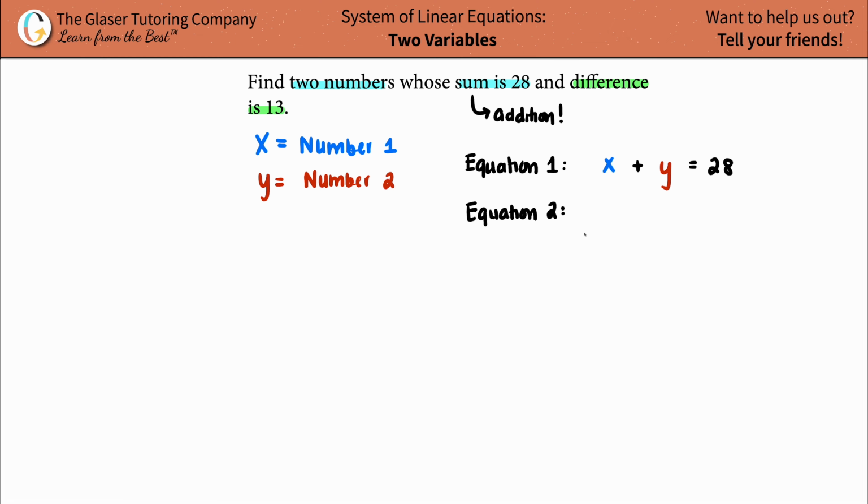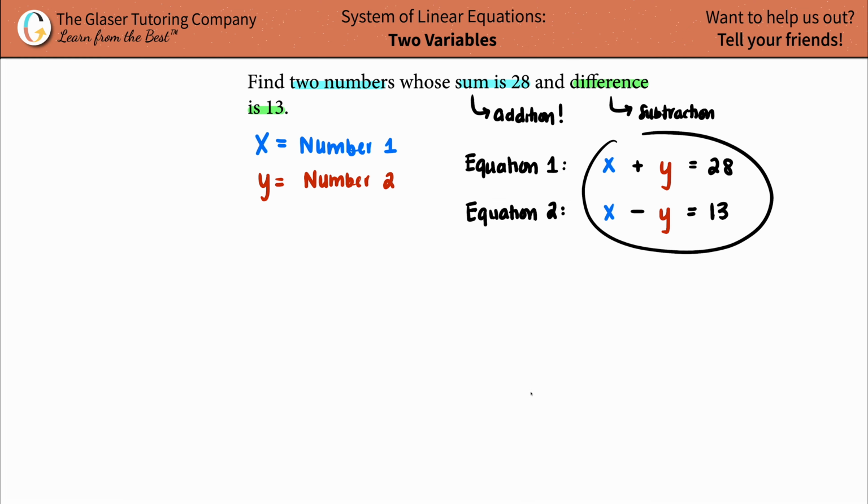Difference means subtraction, so you could do Y minus X, or you could do X minus Y. At the end of the day, you will get the same numbers, they're just going to be flipped for each other. So maybe we'll just keep it with X minus Y, the difference. If I subtract Y from X, or X from Y, my difference will be 13.